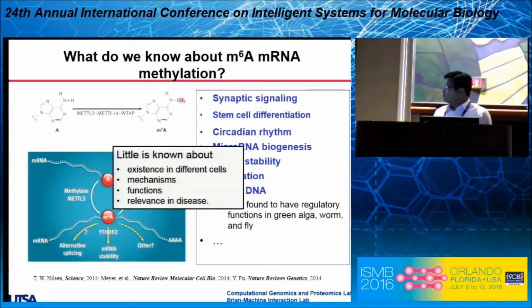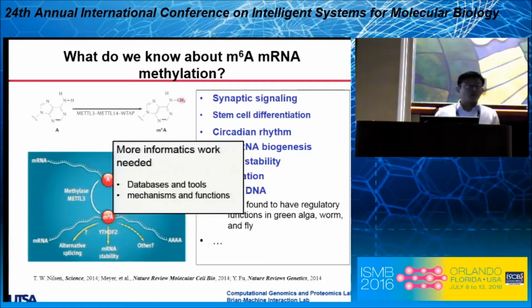But still, there's really little that's known about m6A functions. So there is still a lot more work to be carried out in this field. And we really need more informatics work to understand and predict the function of m6A.